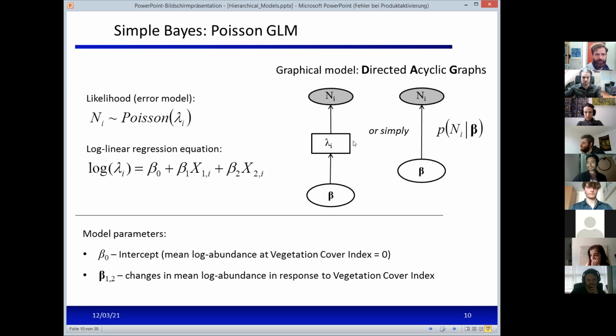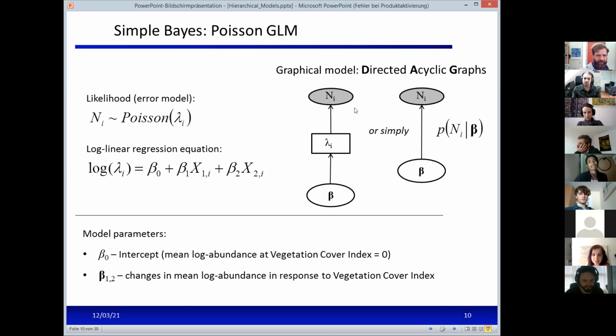I guess you've also already seen and looked at so-called directed acyclic graphs, or DAGs, to represent statistical models, where one typically makes this distinction between probabilistic nodes and deterministic nodes.